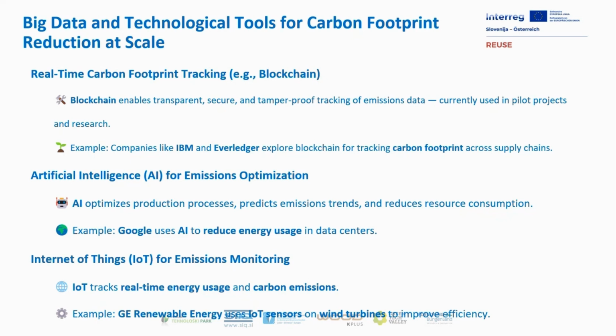While blockchain can provide transparent and immutable records of emission data, global companies like IBM are testing its potential to enhance supply chain transparency and data accuracy.